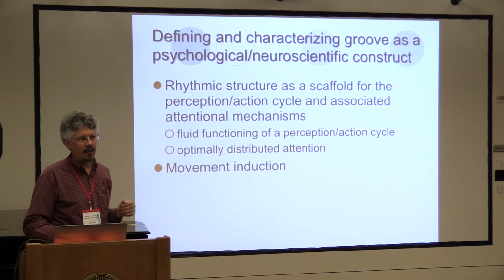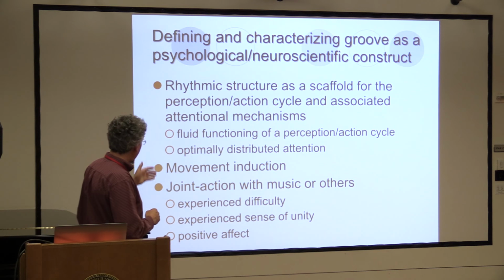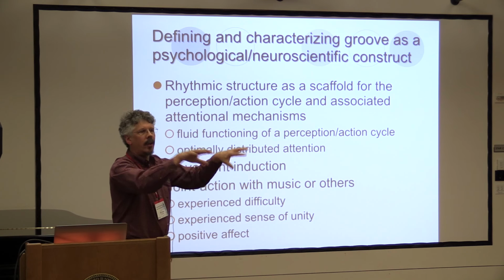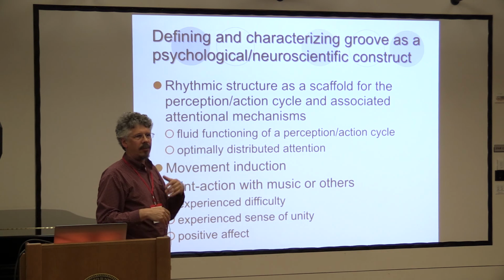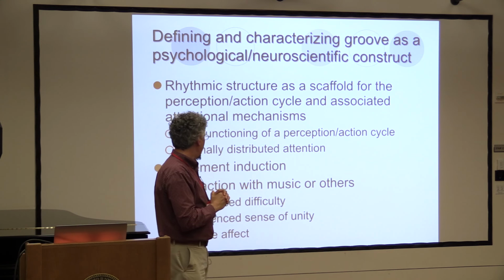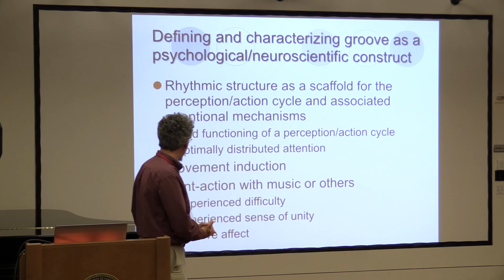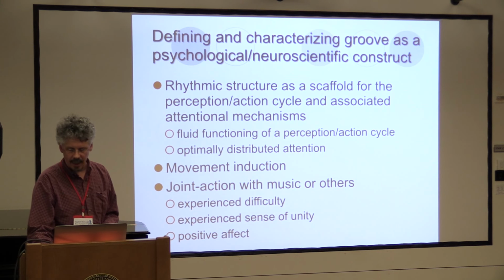There may well be this component of movement induction, and then critically also joint action, whether with the music or with other individuals, and associated with that some sense of experienced difficulty in that joint action, some experienced sense of unity. That's what we strive for, right? And if those things are succeeding, then there's positive affect.